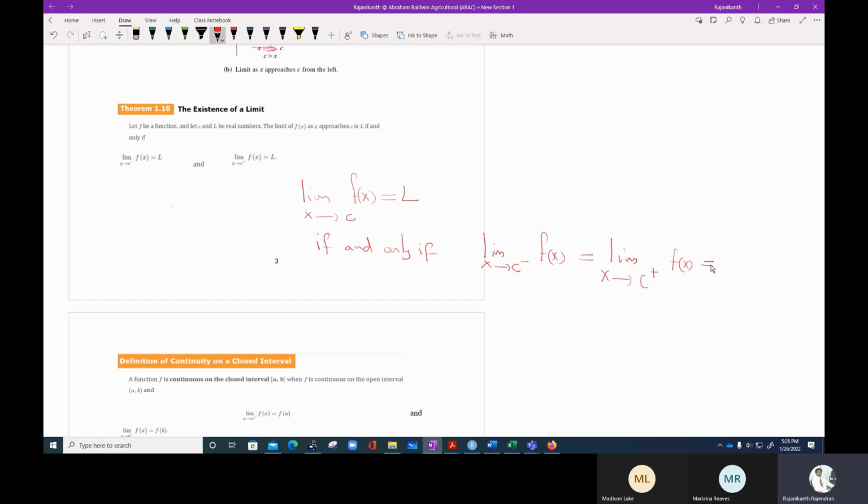But these two answers are also supposed to be L. Then only could you say that the function has a limit value at C when x goes to C, f(x), which is L. So this is called the existence of limit.